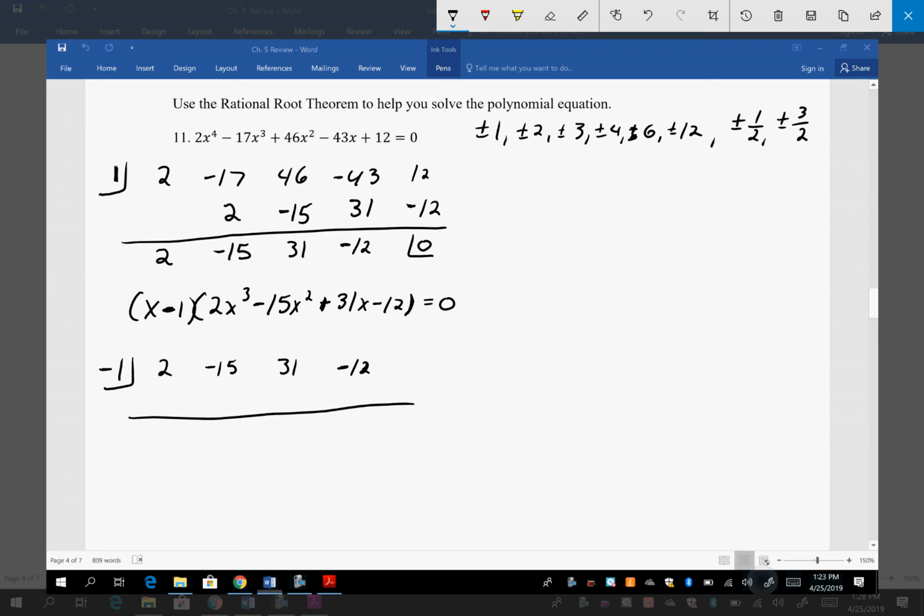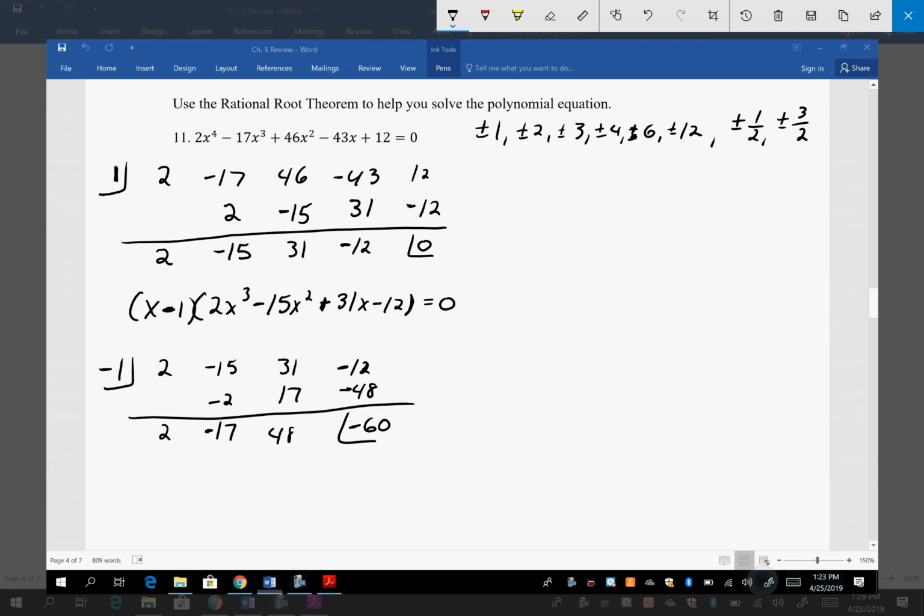Okay. Bring down the 2. 2 times negative 1 is? Add them together. Negative 17. Multiply. 48.